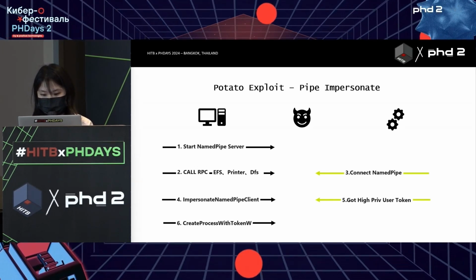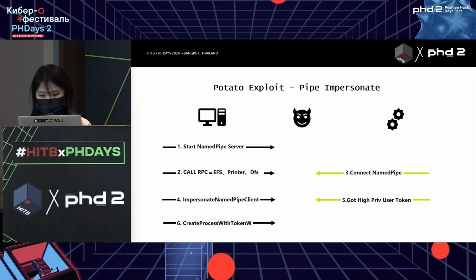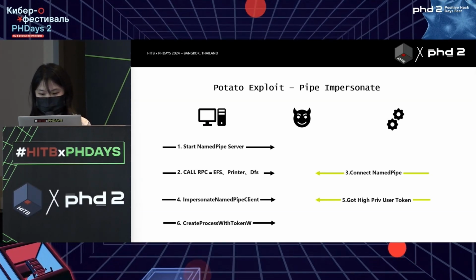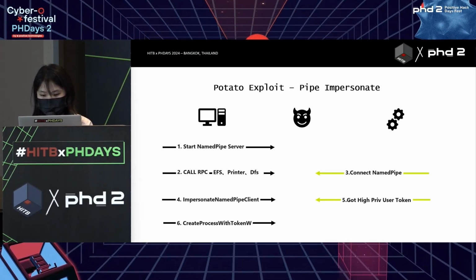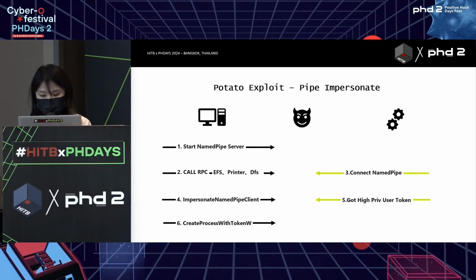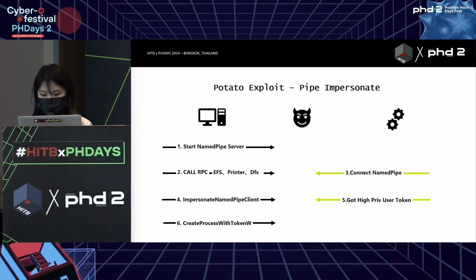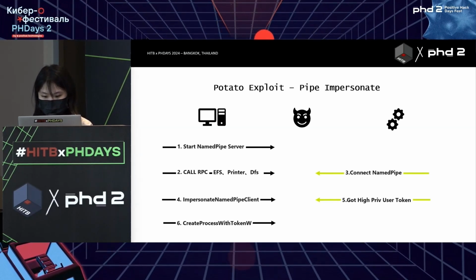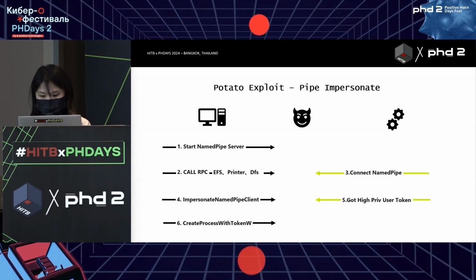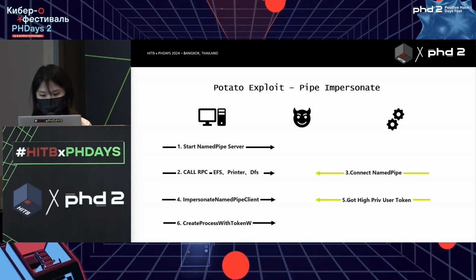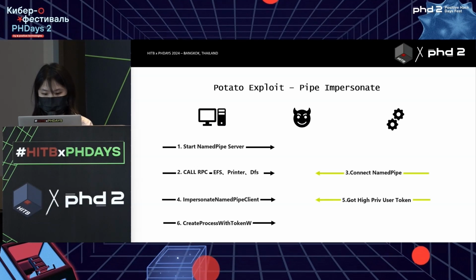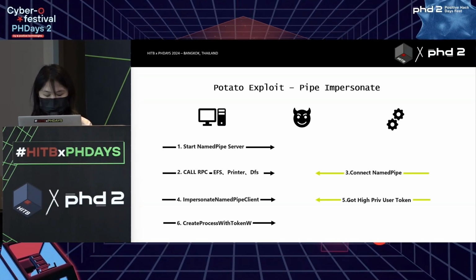The fourth step is to call the impersonate named pipe client API to simulate the authority of the client, and call open thread token to obtain the impersonated token. The fifth step is to use a high-privilege account to create a process to achieve privilege escalation.